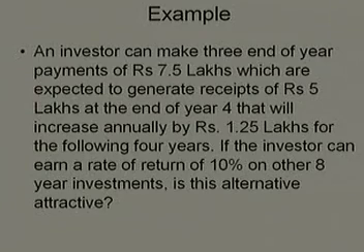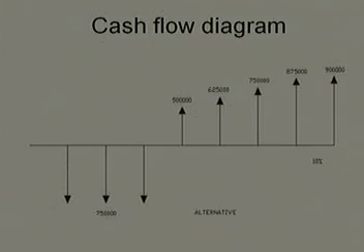That means, at the end of year 5 you are going to earn 5.25 lakhs, at the end of year 6 you are going to earn 6.5 lakhs, at the end of year 7 you are going to earn 7.75 lakhs, and at the end of year 8 you are going to get rupees 9 lakhs. So, the cash flow diagram for alternative 1 or investment option 1 is shown like this.